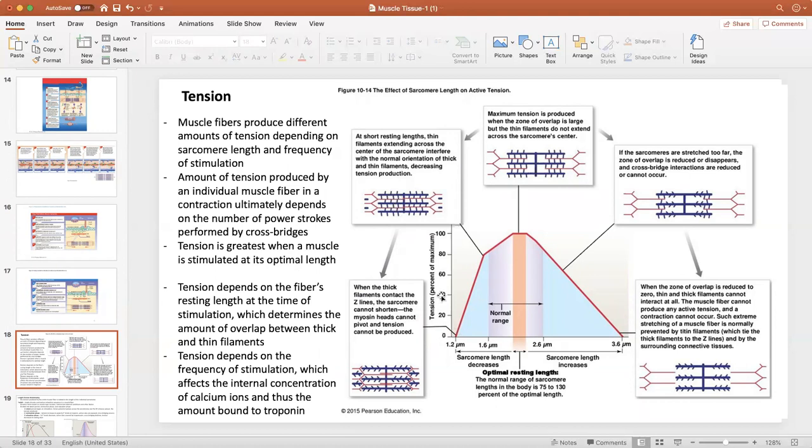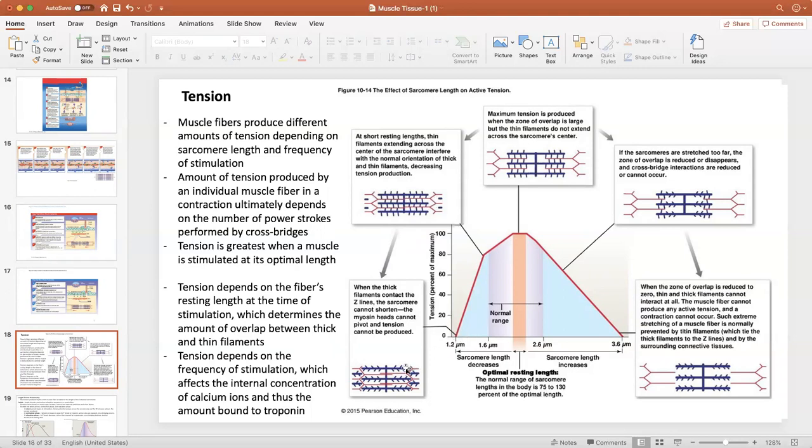So when the shortening distance is too small, say if we're trying to flex our bicep and our bicep is already flexed and shortened, the sarcomere is shortened quite a bit. We have too much overlap between the thick and thin filaments. We can't develop enough tension.